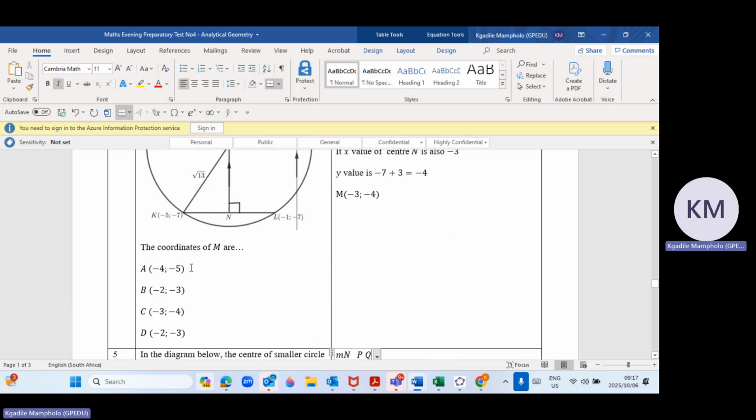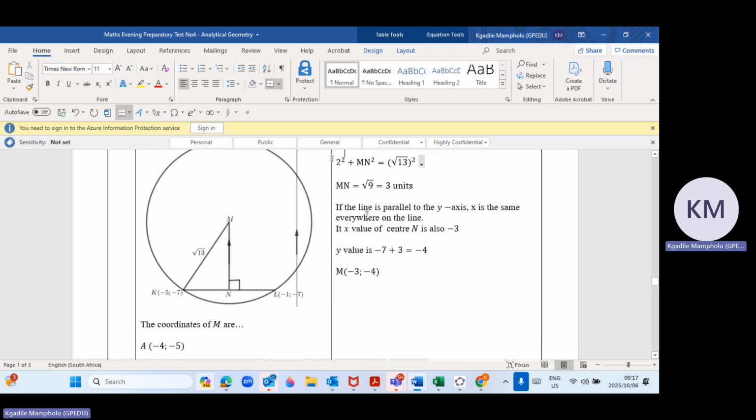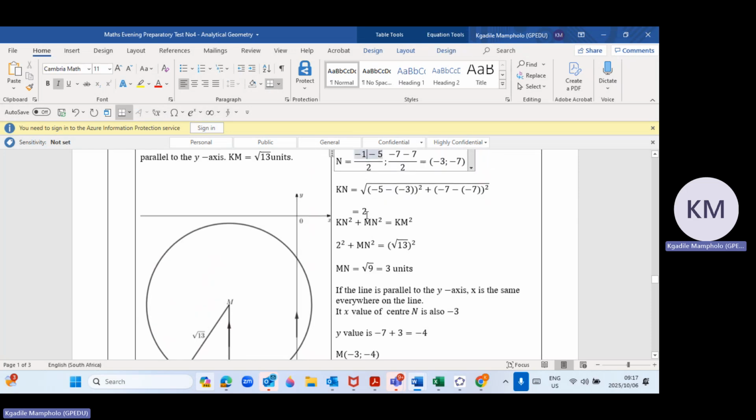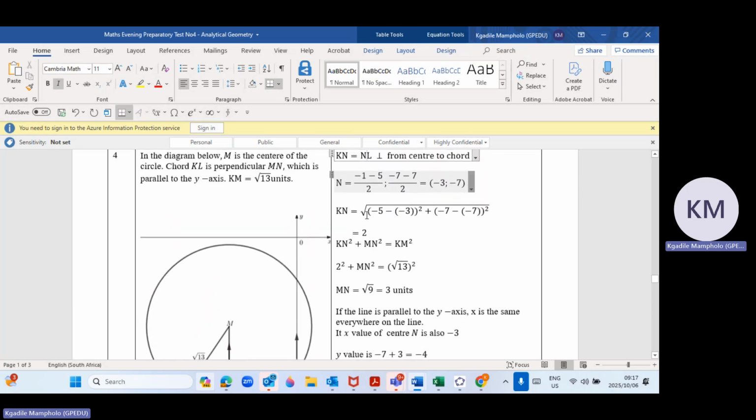So first we'll say N is the midpoint. It is the midpoint because of the converse of the grade 11 theorem, which states clearly that if a perpendicular line is drawn from the center to the chord, it bisects the chord.